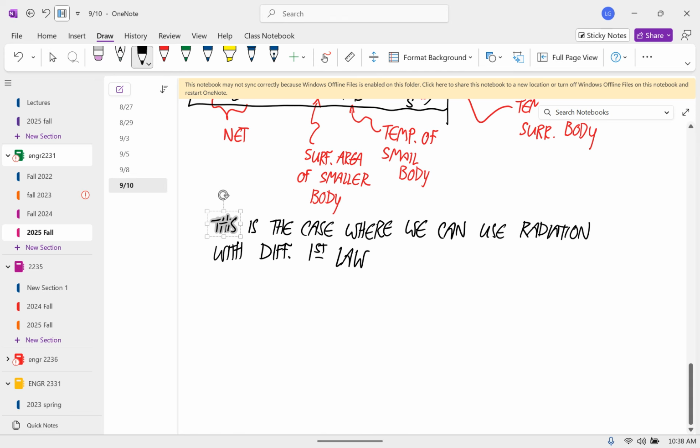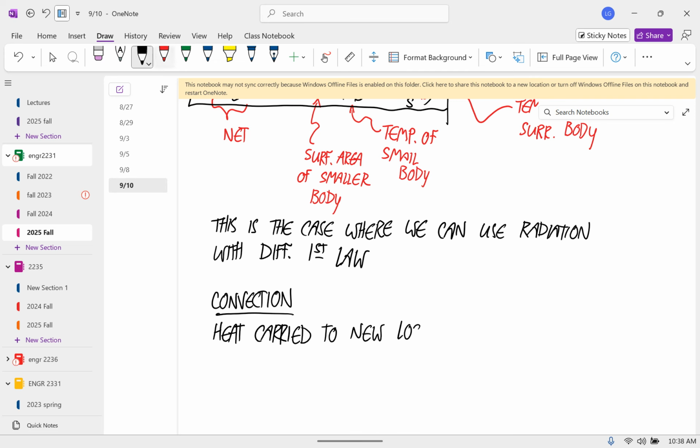And then the last type is convection. This is where heat is carried to a new location by a moving fluid.